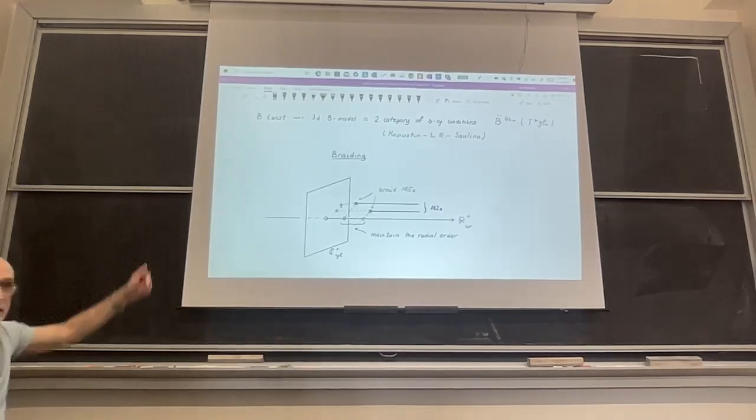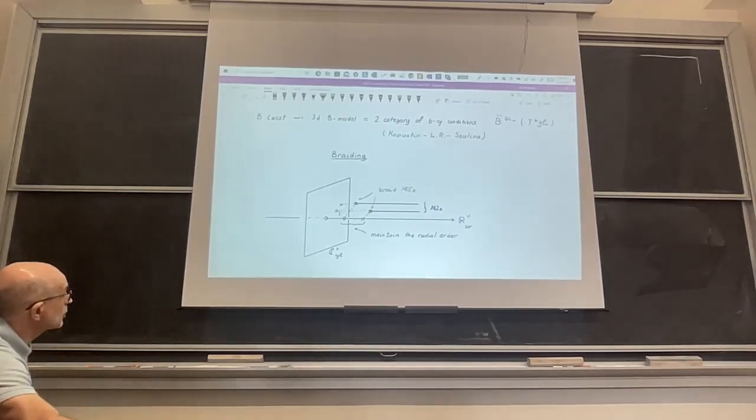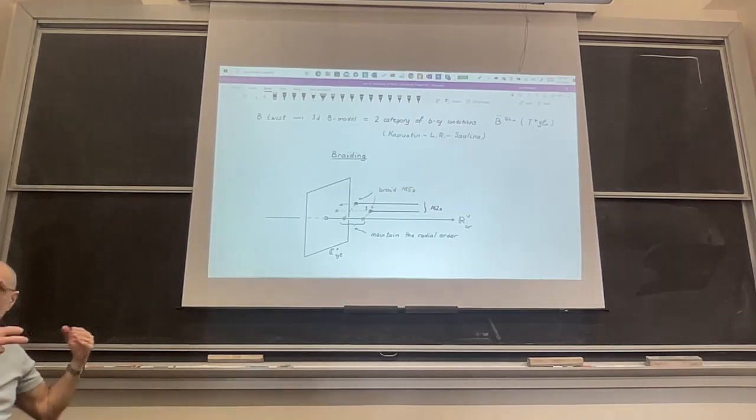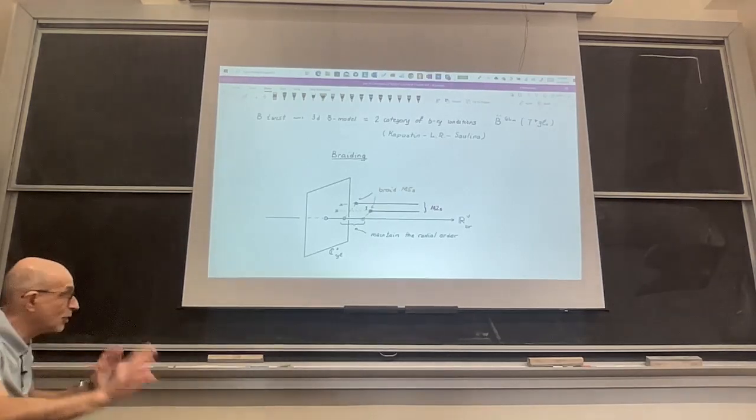As you turn on braid time, these points will start to move, the crosses. And I do not want the crosses to collide because then the pink segment will be stretched between these two. And that will change the physics. The Coulomb branch will emerge. So we don't want that.